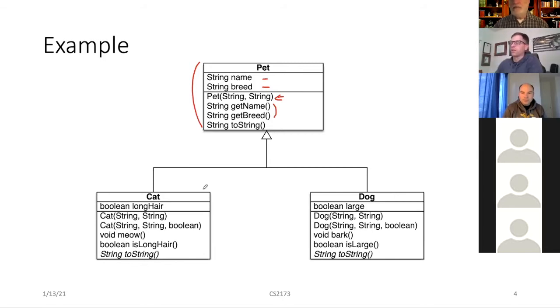In that other class, I cannot access these because they're declared private. And that's the principle of encapsulation. Because if I can directly access these variables, then some other object could change them. And I don't want that.